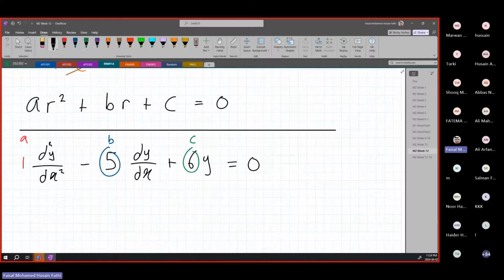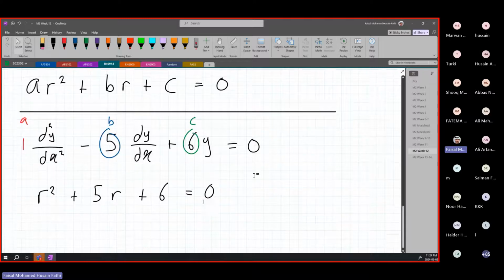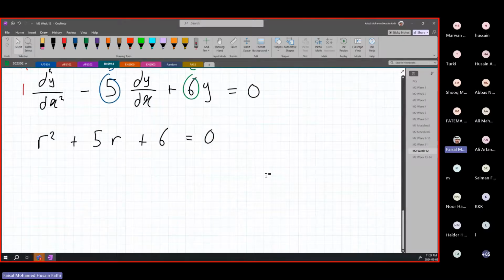If we transform this into our characteristic equation, this is going to be 1 times r squared plus b times, which is in this case 5, r plus c times, which is in this case 6, equal to 0. And now you can very easily solve this using either mode 5.3, using a quadratic equation, using factorization.